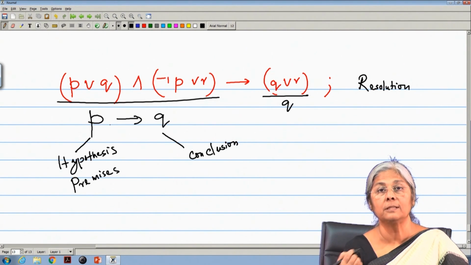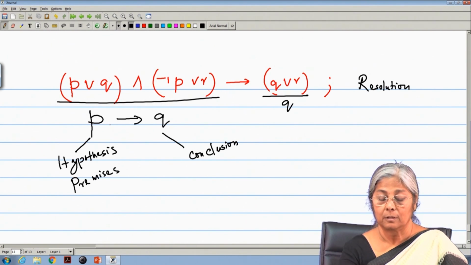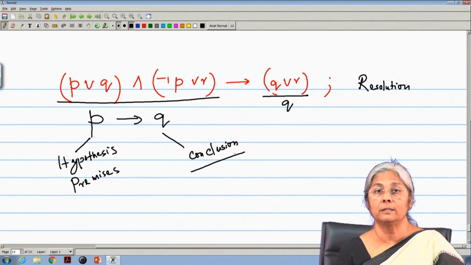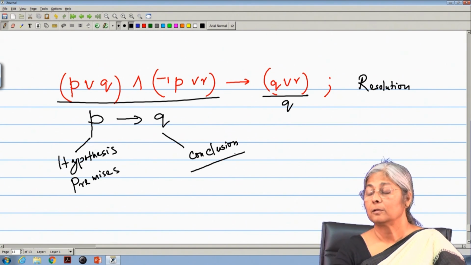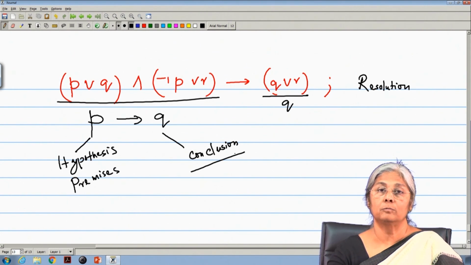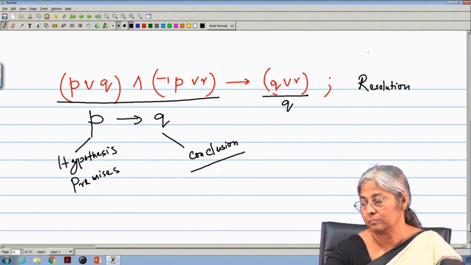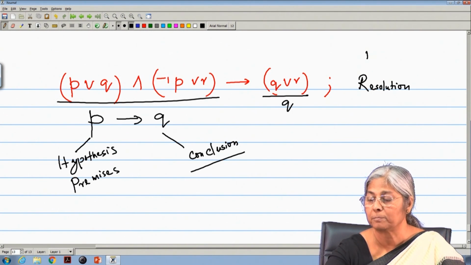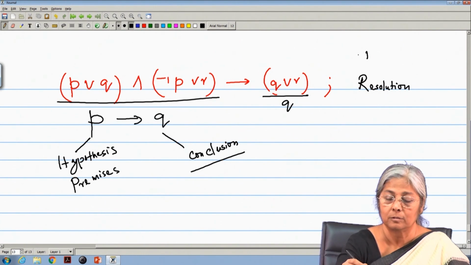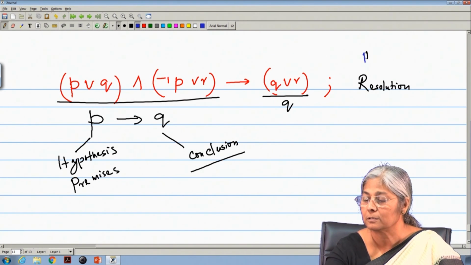Some hypotheses are given, and from these hypotheses we see whether we get the conclusion, and by using which rule of inferences, that we have to mention as the reasons for simplification. We have to write that these are the reasons for simplifications.